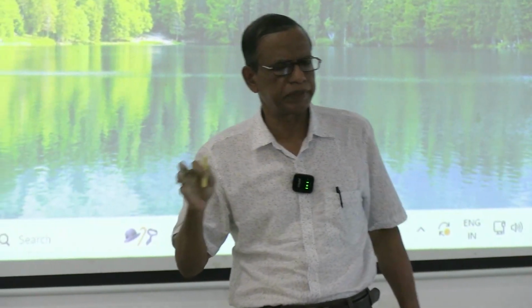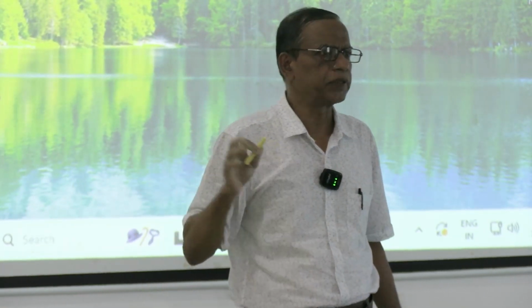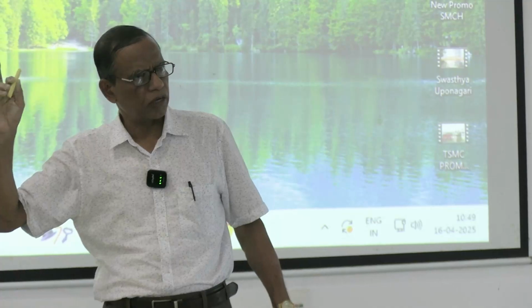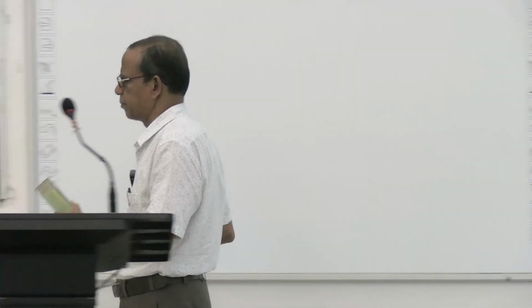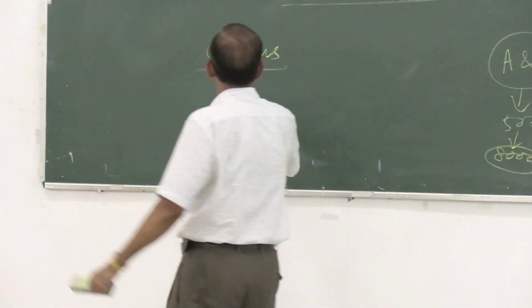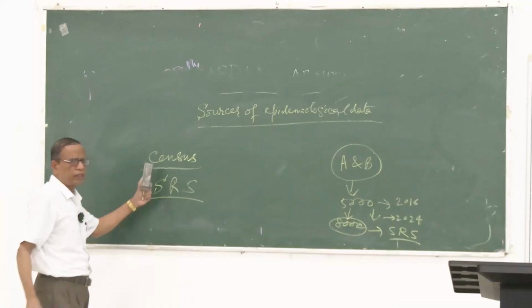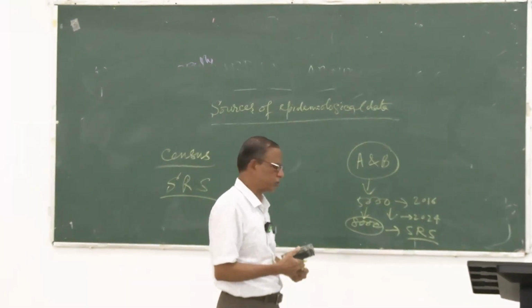So, they will update the data about the total population. Clear? So, we can get the data not only from census, but also from the sample registration system, SRS. SRS, এগুলো তোমাদের পরের সময় পরীক্ষায় শর্ট নোটে লিখতে দেয়। SRS, census. So, these are the important sources of data.